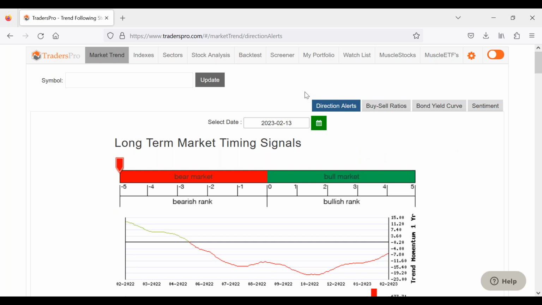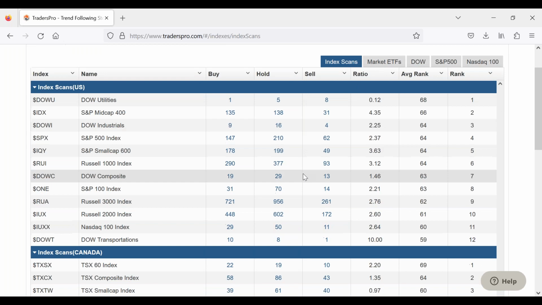and it usually ends up being right. All right, so another thing that you can keep an eye on, if you go into the indexes tab right up here, I don't do this very often, and really we're not in any critical phase right now to point this out in a big way, but I'll take a look at the buy-sell ratios. This is the buy-sell ratio of the entire index. So let's just take the Russell 2000 right here.